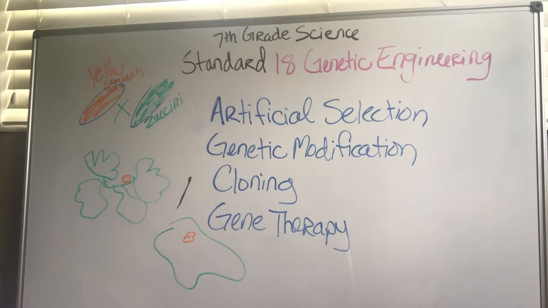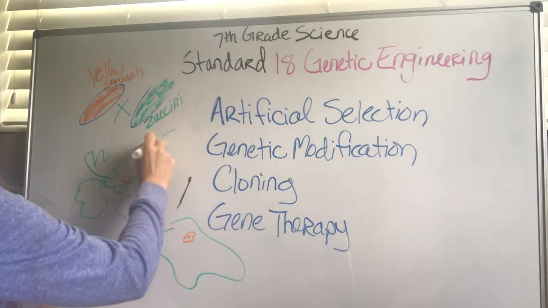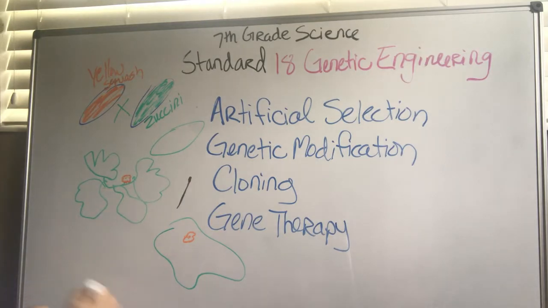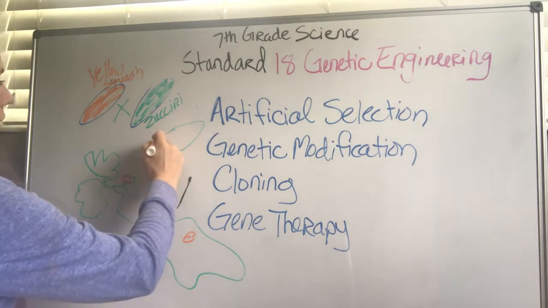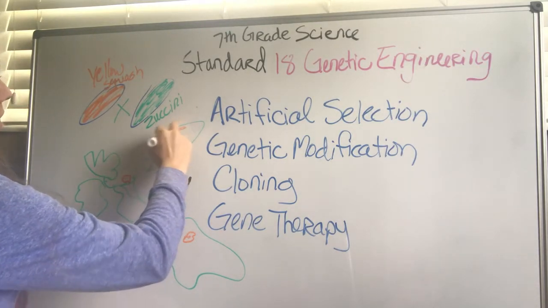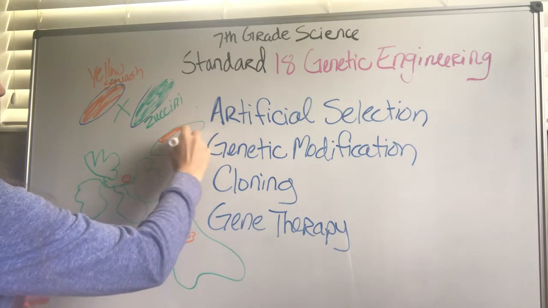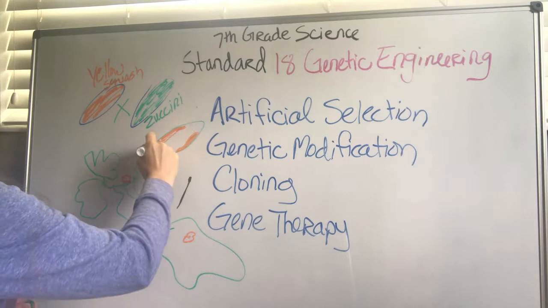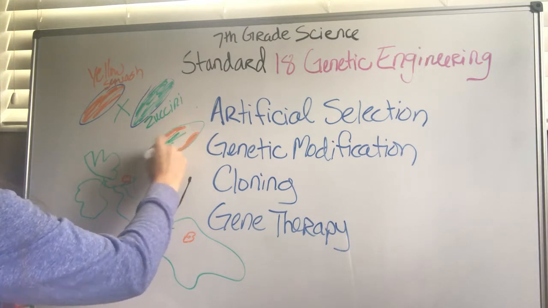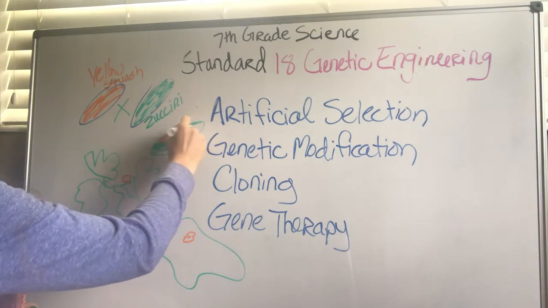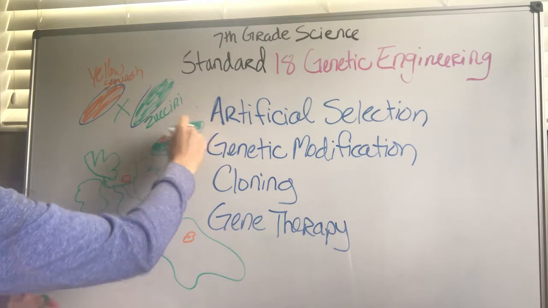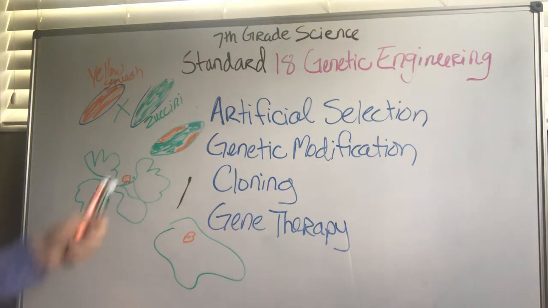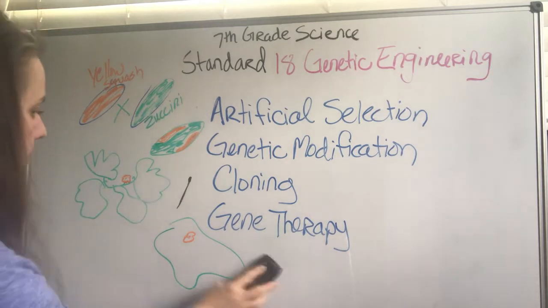And then the resulting squash might look like this. Partially green and partially yellow. Or it just might be a mix of those 2 colors. So that's artificial selection.